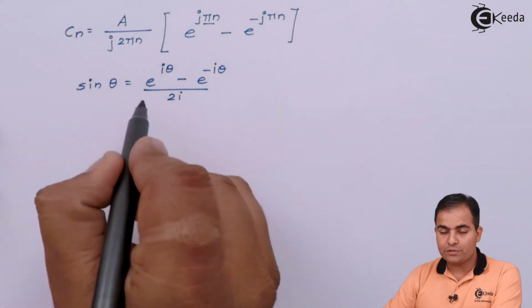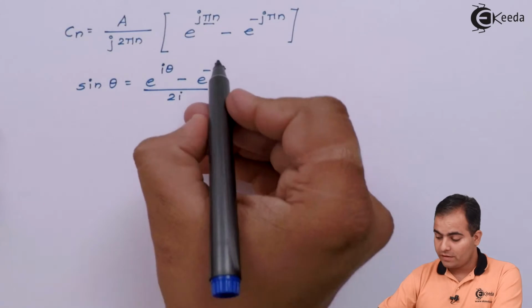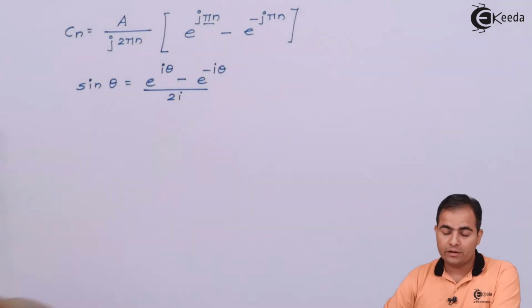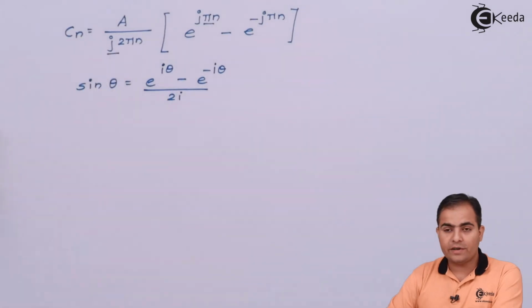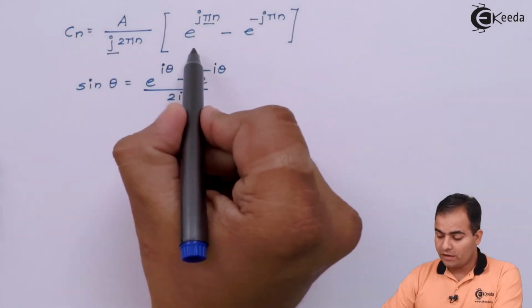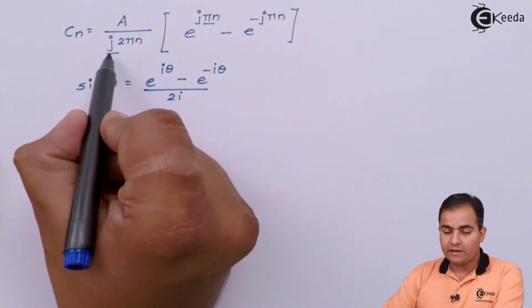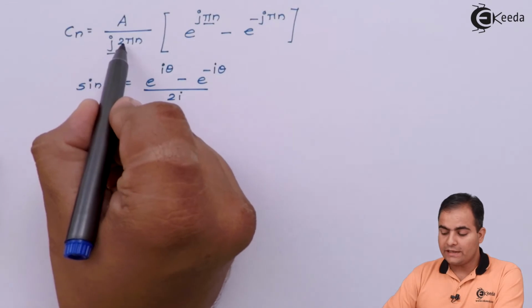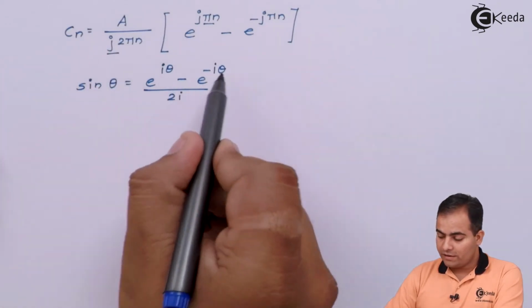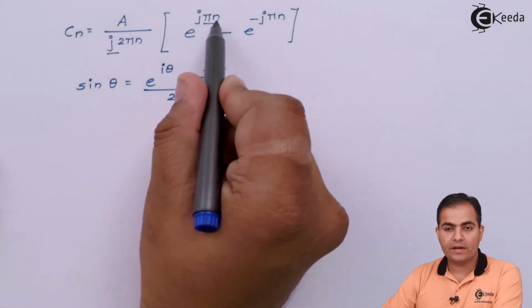So we will substitute this formula, but the much more important thing is, we don't have here a 2j in the denominator. But look at here, outside the bracket, in this term, we don't have any value of 2j. But look at here, we have a 2j value outside this bracket. So we'll take 2j inside this bracket, and then you will get the formula of sine theta, where my theta is pi n.